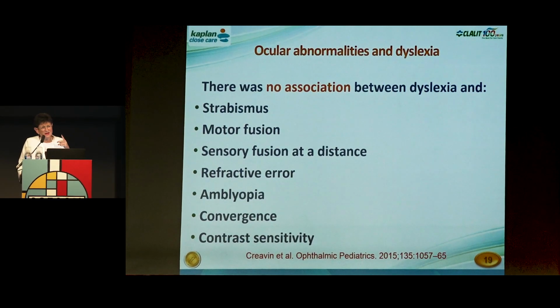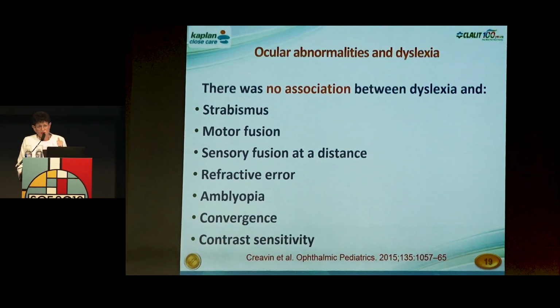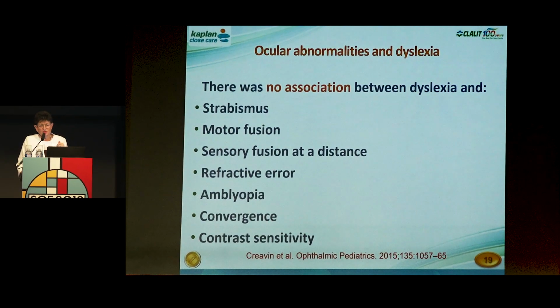They checked about 5,000 children, 600 of them dyslexic, and they found no association between dyslexia and strabismus, motor fusion, sensory fusion at distance, refractive errors, amblyopia, convergence, and contrast sensitivity. None of them was related to dyslexia.